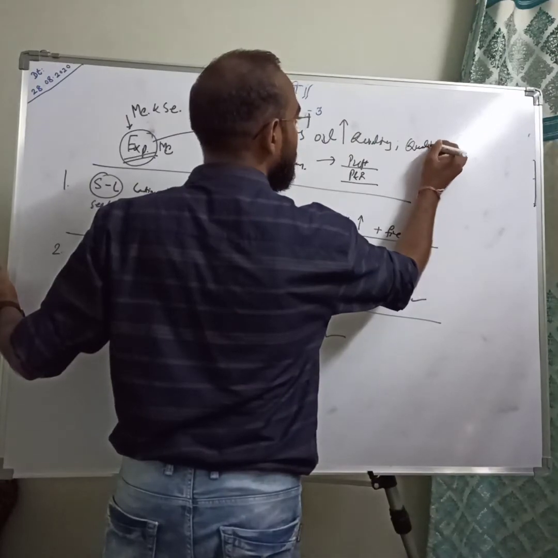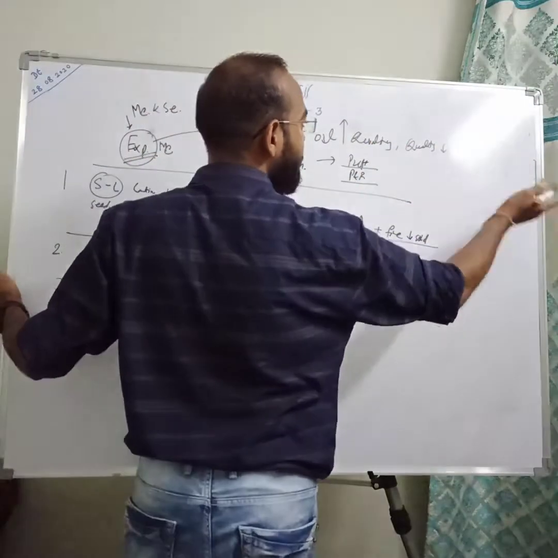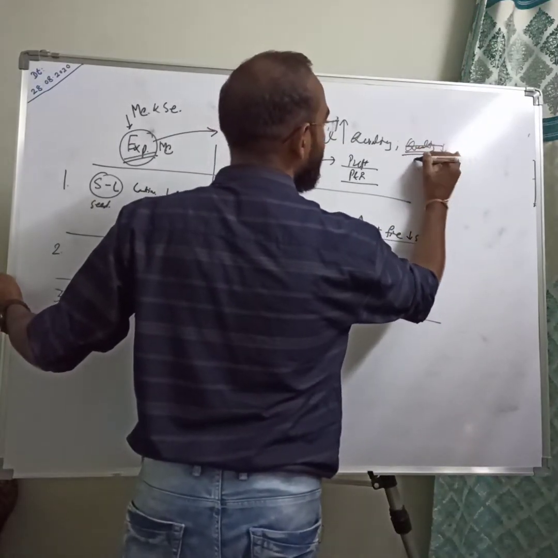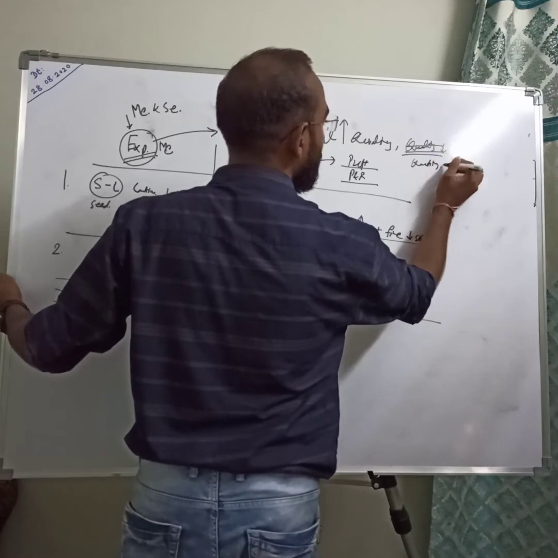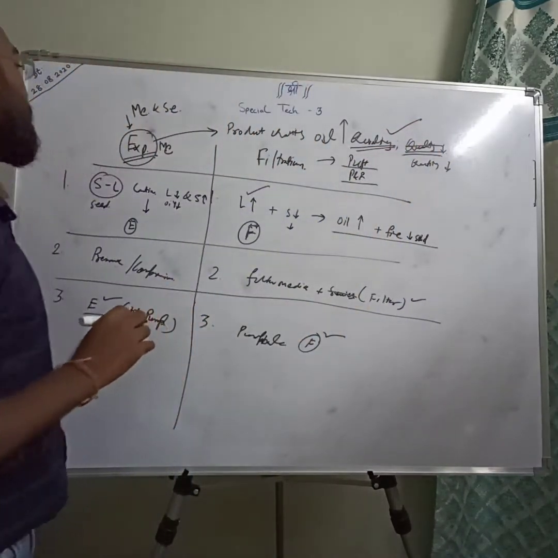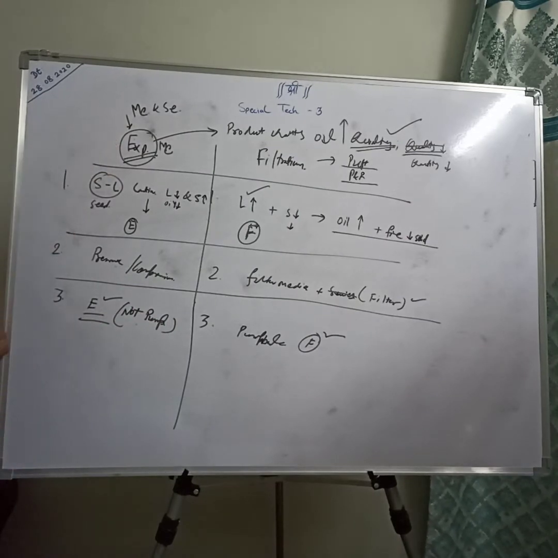If the oil is not sent for solvent extraction, then quantity is less, but quality is higher. Highest quality product is obtained by mechanical extraction. This is the advantage of mechanical extraction.